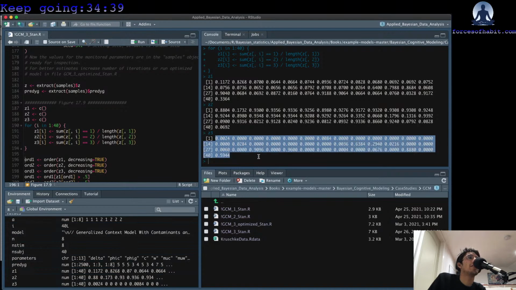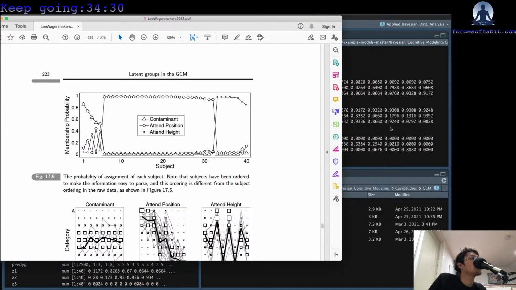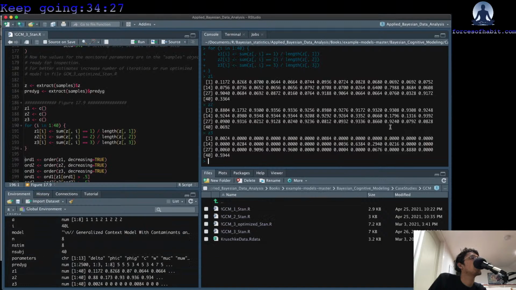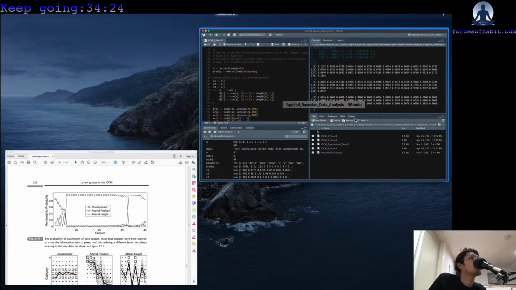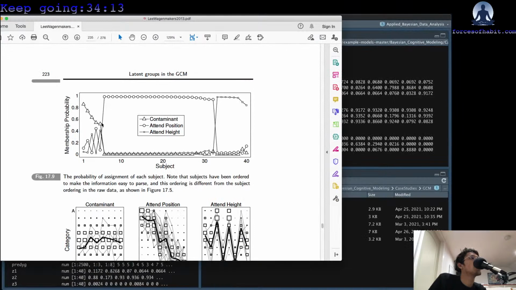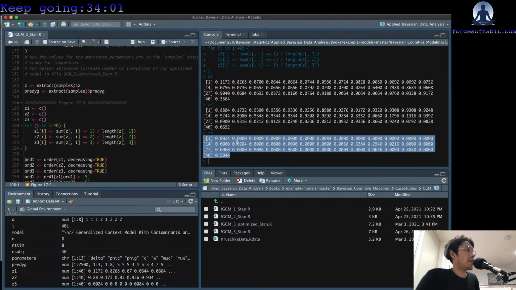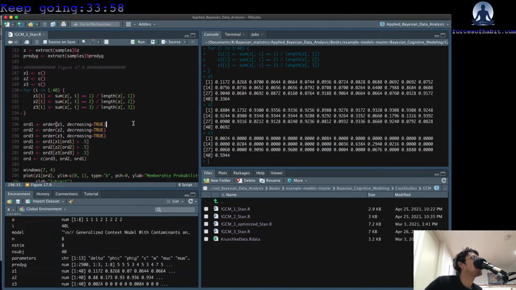I'm going to guess and say this is the contaminant one because we have a lot of zeros. Yeah, group 3 is the contaminant subjects. And then we just order them for the sake of the graph.